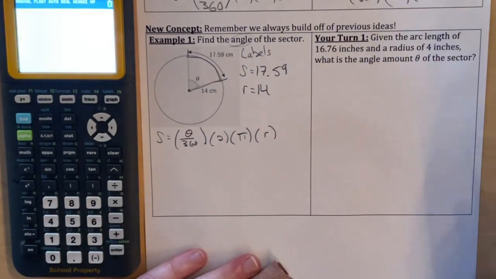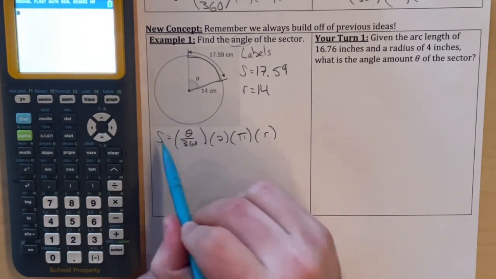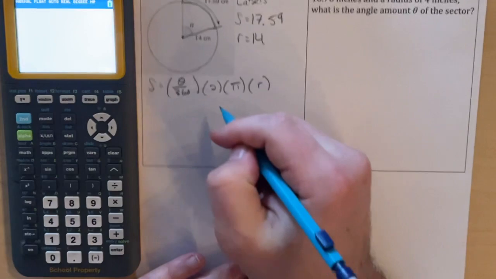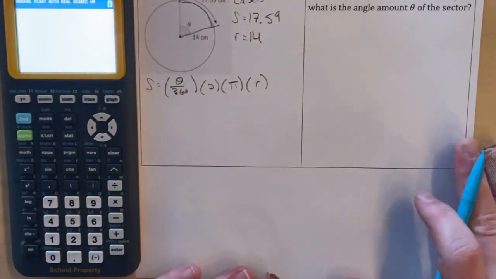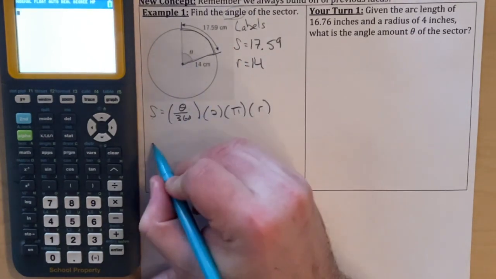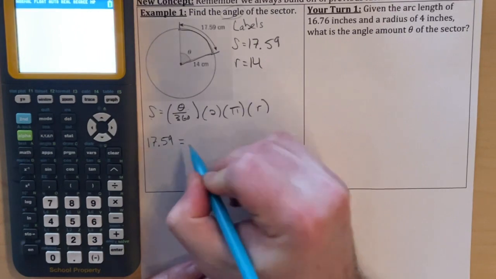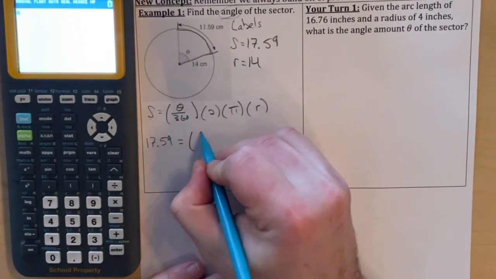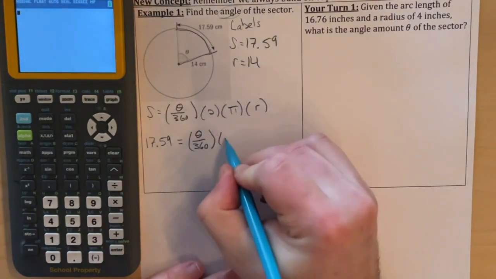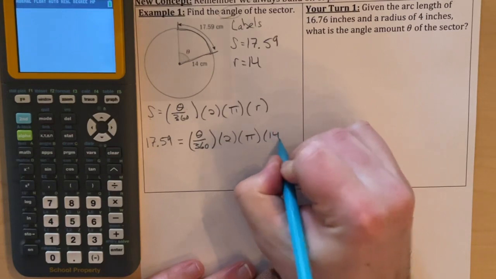So that's going to be our formula, but now instead of solving for the arc length, we're going to actually be solving for our angle theta. So I'm going to plug in my values for my variables. I have 17.59 equal to, still don't know what theta is because that's what we're solving for, theta over 360 times 2 times pi, and then our radius for this is 14.